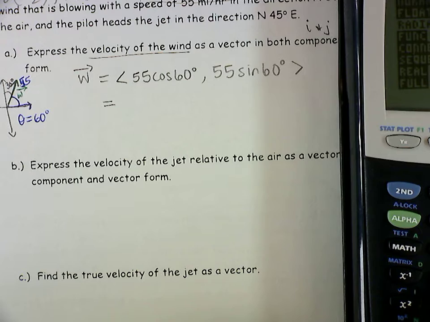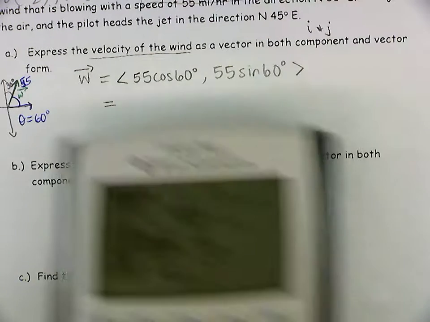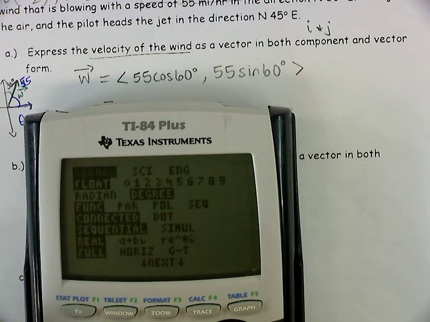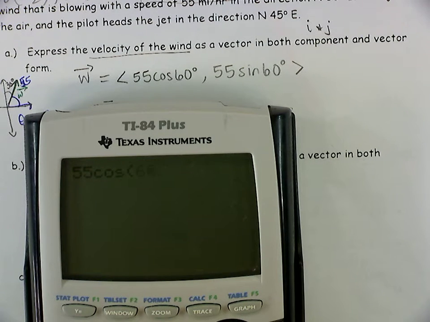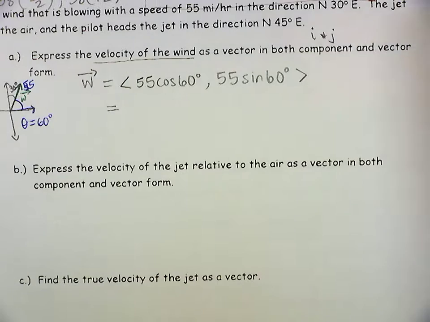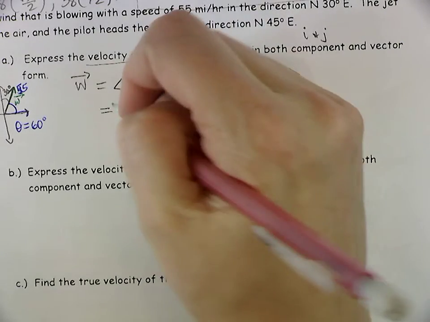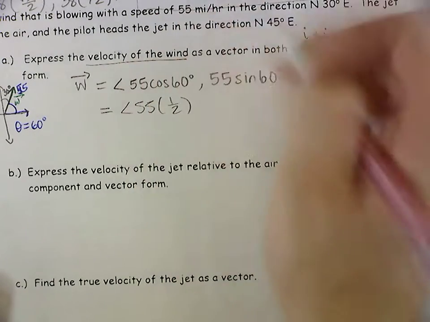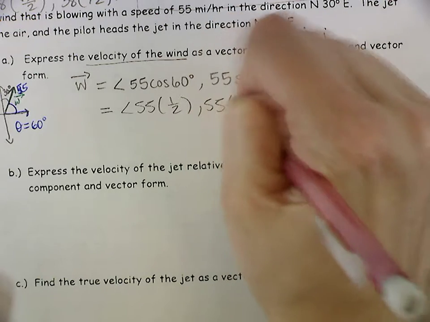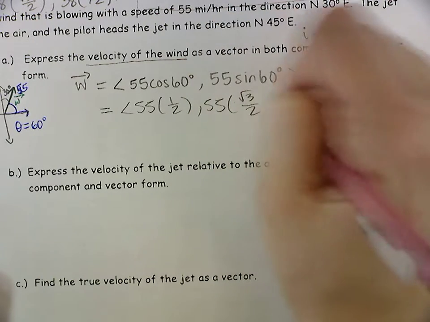Now, when you're doing this, you want to make sure that your mode is in degrees, because you're inputting degrees. So 55 cosine of 60 is exactly 27.5, which is 1/2 of 55, and then 55 root 3 over 2.